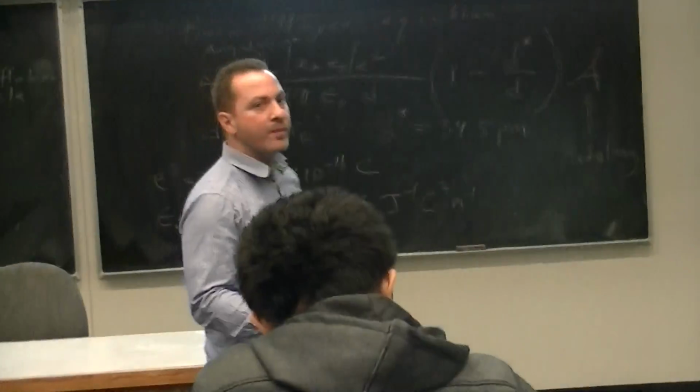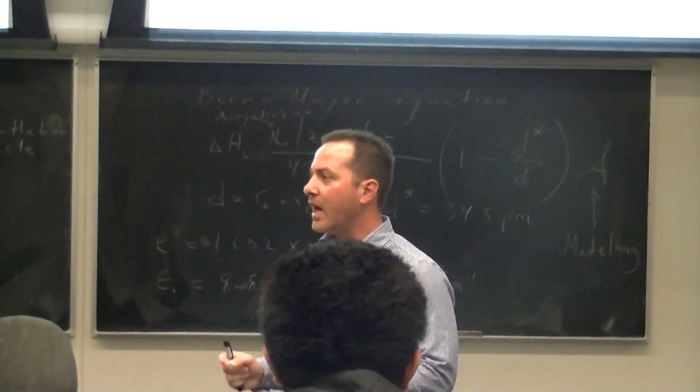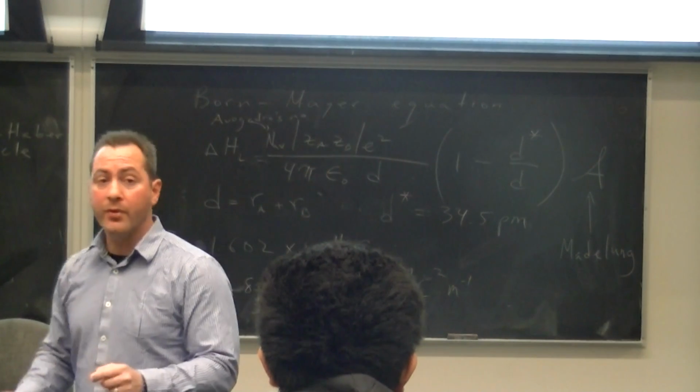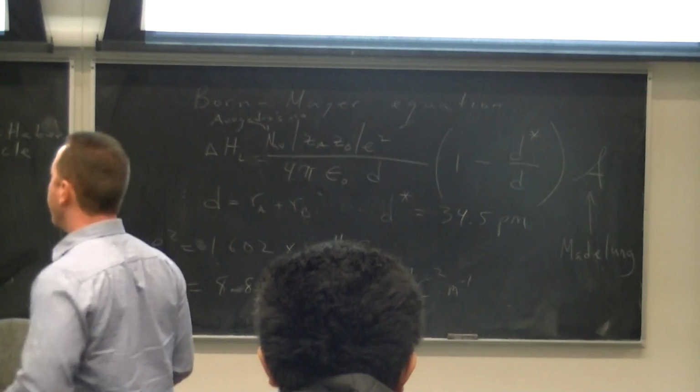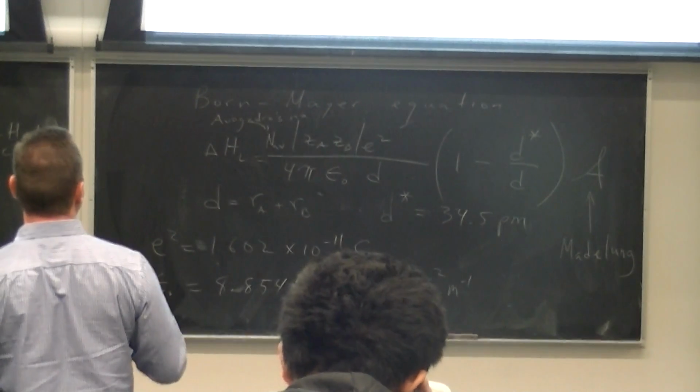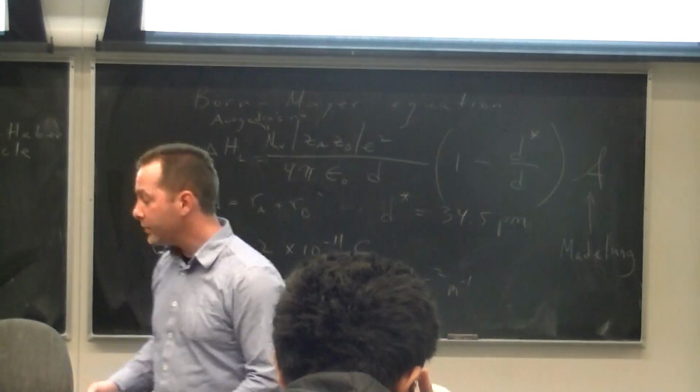The problem with the Born-Haber equation is that you have to have previous knowledge of what is the crystalline structure of your solid. If you don't have previous knowledge, then you cannot choose the right Madelung constant for it.